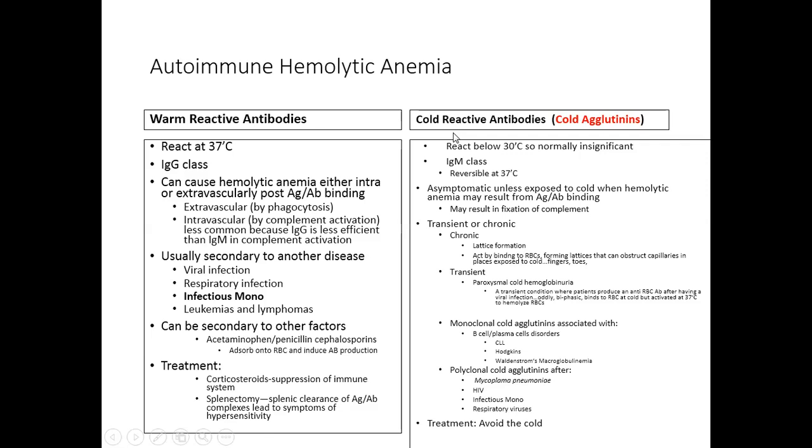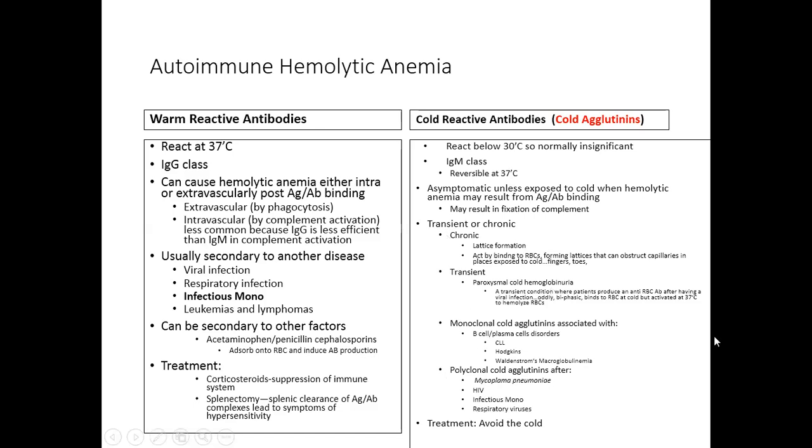So cold-reactive antibodies, if we go down past the things we've already talked about, this is an IgM class, so it is capable of fixing complement, resulting in hemolytic anemia. Cold-reactive antibodies can be classified as transient or chronic.